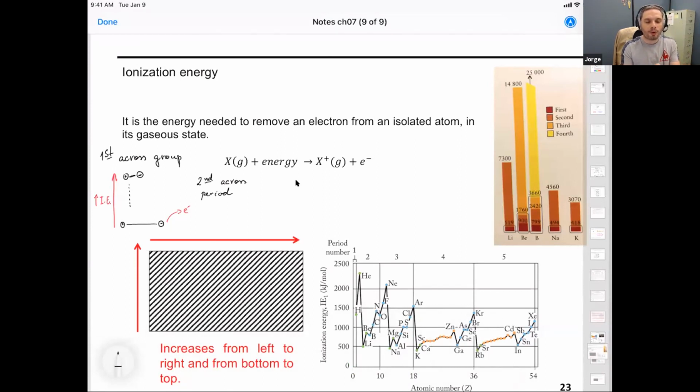We know that the radius across the period decreases because we are increasing the charge of the nucleus. So therefore, if we start from left all the way to right, there will be a decrease in the radius.